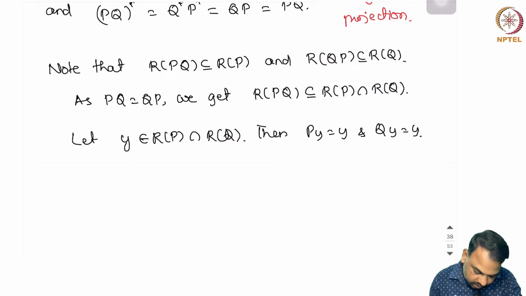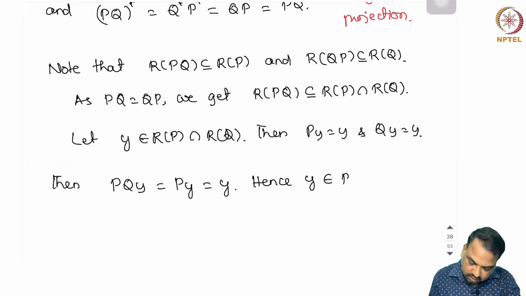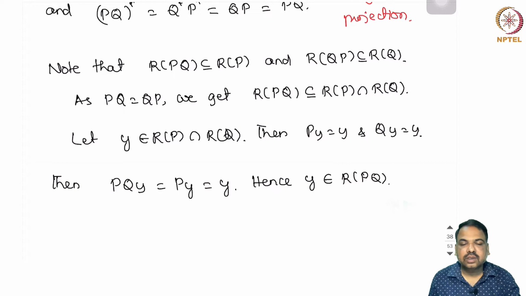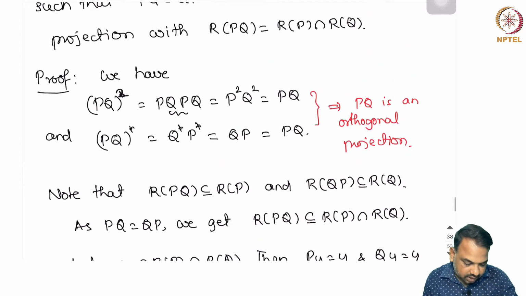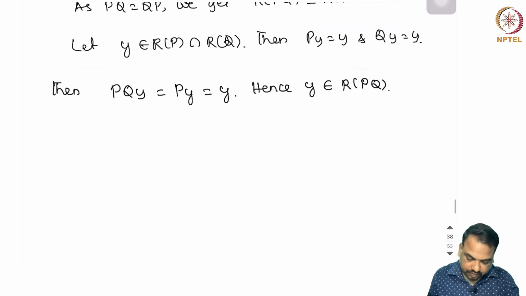So if you look at PQy, this is Py because Qy is y. So again this is y since Py is y. So hence we can say that y is in range of PQ. So from these two inclusions we can conclude that range of PQ is exactly range of P intersection range of Q.